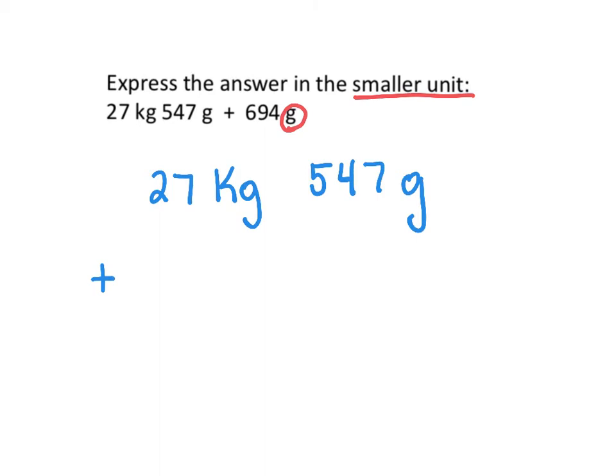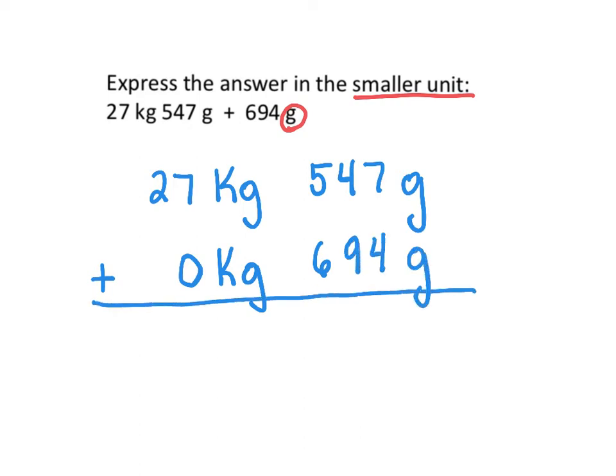Now, we don't have any kilograms, but we do have 694 grams. So when we add this up, we have 11, we have 14, carry the 1, and we have 12. Okay, so we have 1,241 grams, and then on this side, we have 27 kilograms.